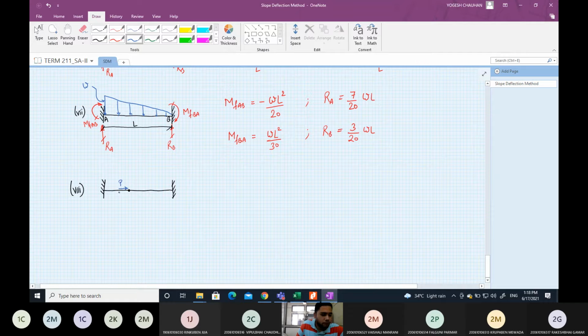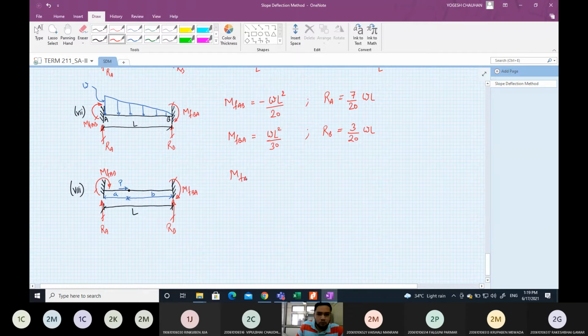This is acting at this point, and the distance of this is A, this is B, and the total span is L, and let RA, RB, MFAB, MFBA.